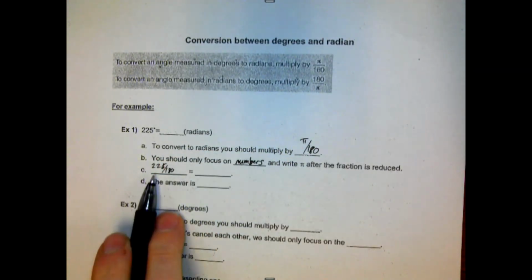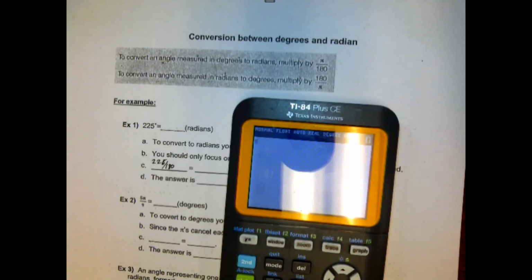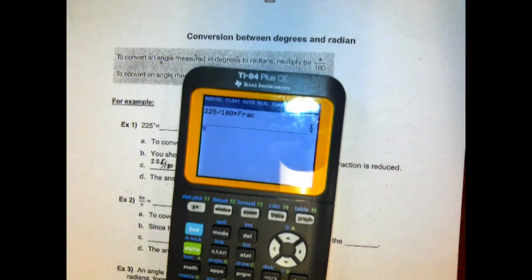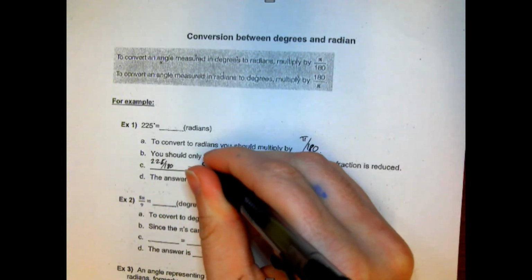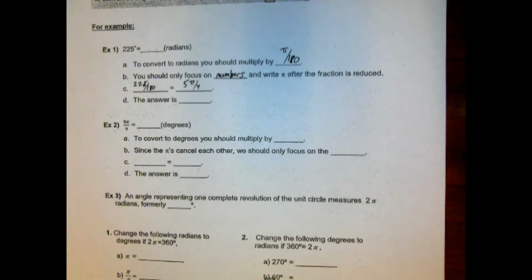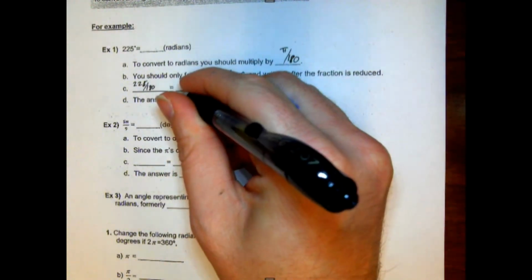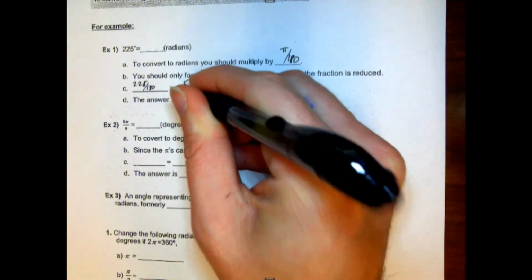I can reduce this to, math, enter, 5 over 4. So 5 pi over 4. And you could turn this into a decimal if you wanted to, 1.25, but we really usually prefer to keep it as a fraction, 5 pi over 4 radians.